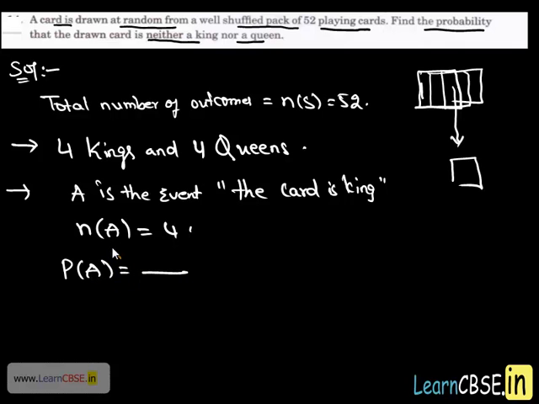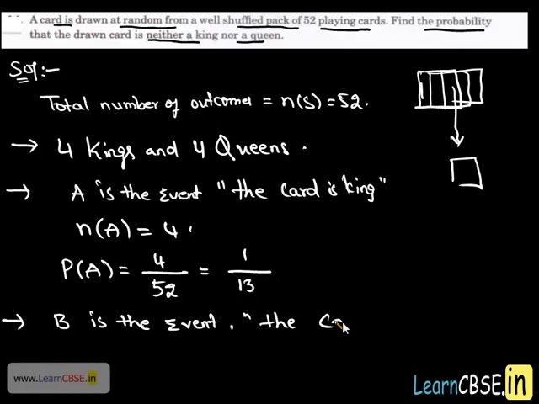and the probability of event A is the number of favorable outcomes to A, which is 4, to the total number of outcomes, which is 52. Both numerator and denominator contain the same factor 4. On dividing both by 4, we get 1 upon 13. Similarly, we denote B as the event which states that the card is queen.